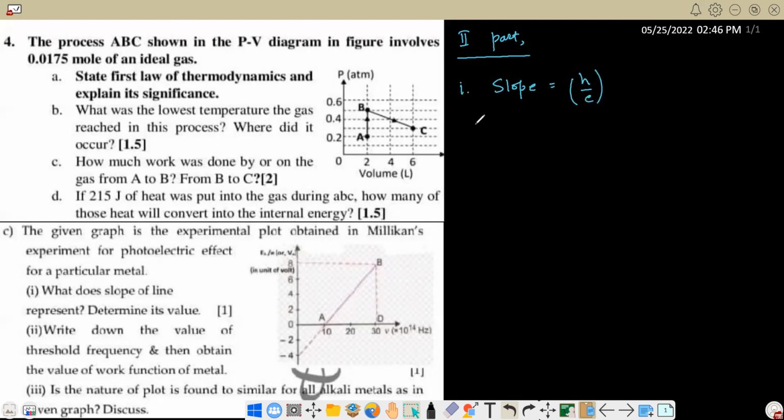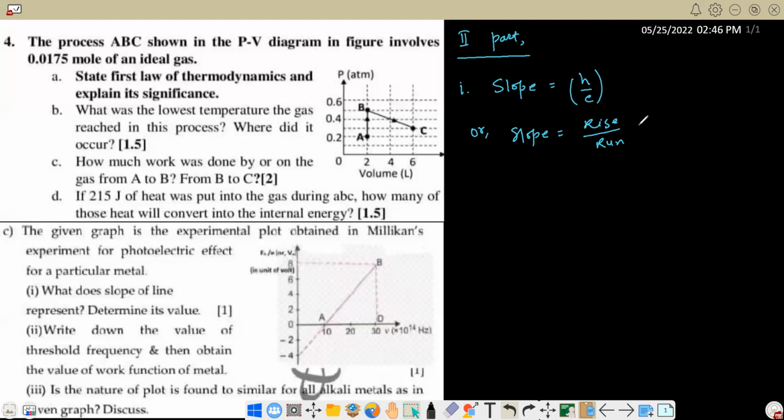Okay, so in this part, let's write h/e, or let's not write here, slope equals simply rise by run. Okay, so this is our formula. So some parameters are given. We know the rise here is from 0 to this point. Okay, this is 0 to 8, probably given in volt.